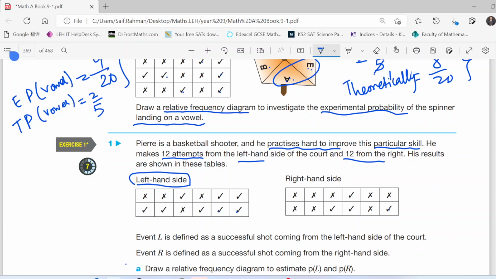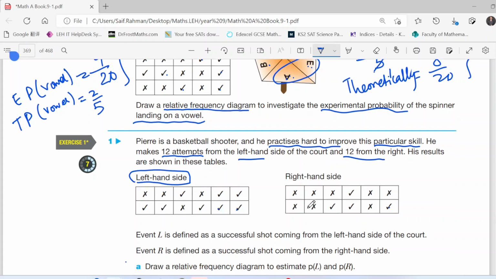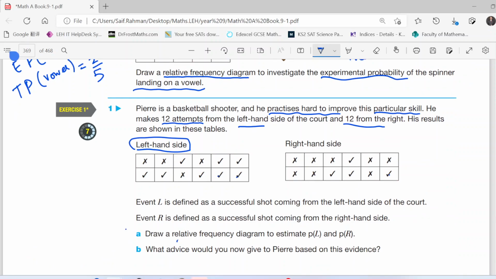So what is the relative experimental probability, right? The question says to draw a relative frequency diagram to estimate the probability of success on the left and the probability of success on the right. What advice would you give to Perry based on this evidence?